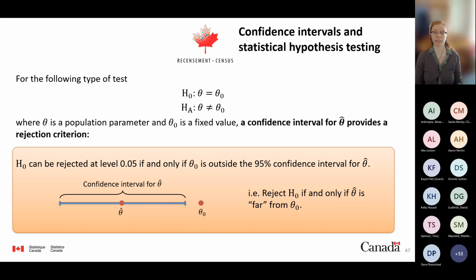So far is being outside the confidence interval. So H0 says that theta is equal to theta 0. But if based on the data from our sample, our estimate of theta is so far from theta 0 that theta 0 isn't even in the confidence interval, then we can reject H0 at level 0.05.